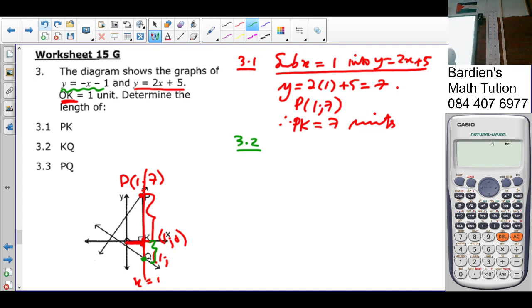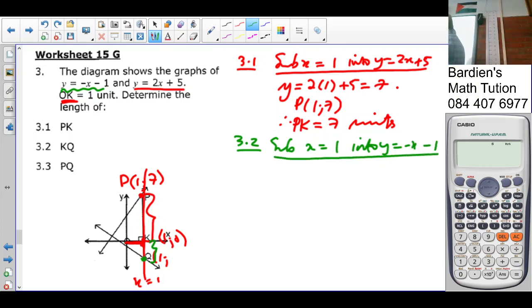It would have made it easier if they had named the graphs for us, but they didn't, so we have to figure it out. So we substitute x is equal to 1 into y equals negative x minus 1. You then get y equals negative 1 minus 1, which is negative 2.